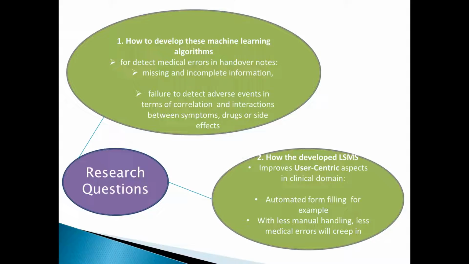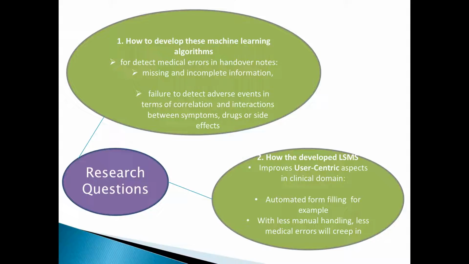Further, the user-centric aspects also need to be improved. As I said, if you just scribble the notes in handover, which is what happens in the handover domain, you normally have to manually sit down in front of the computer and write down each thing. This is what nurses probably do after their shift.